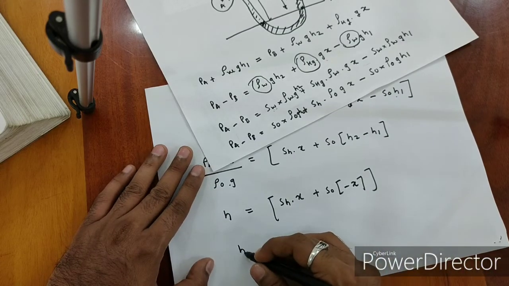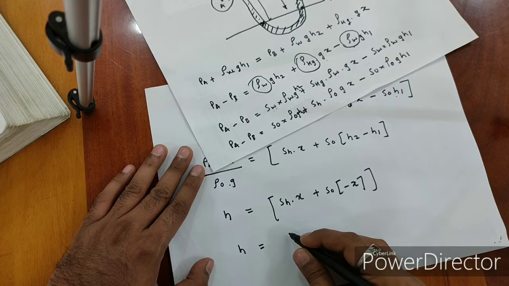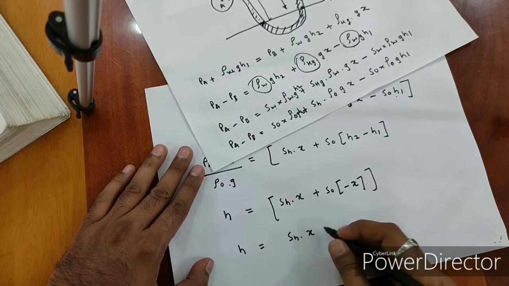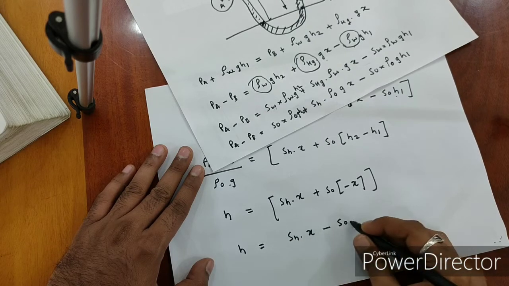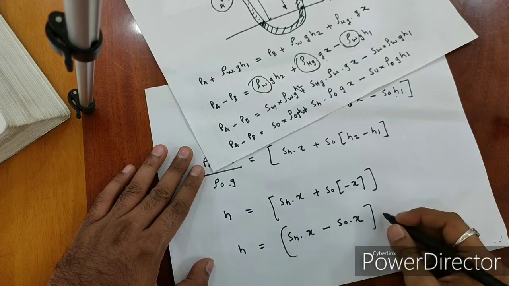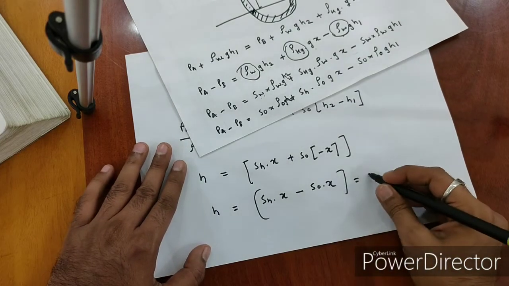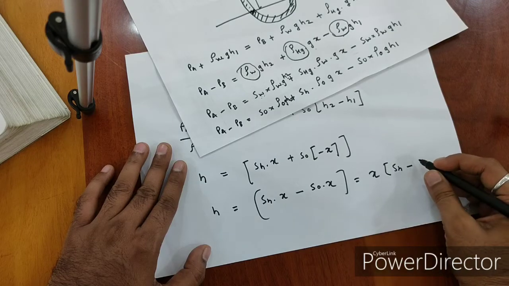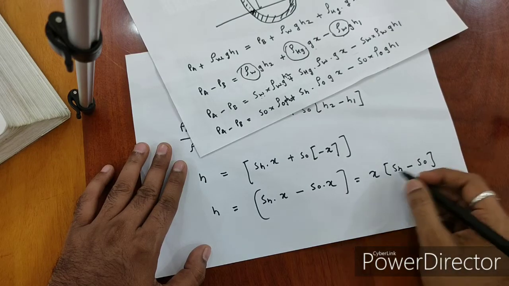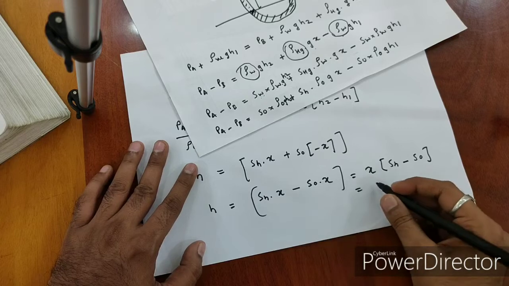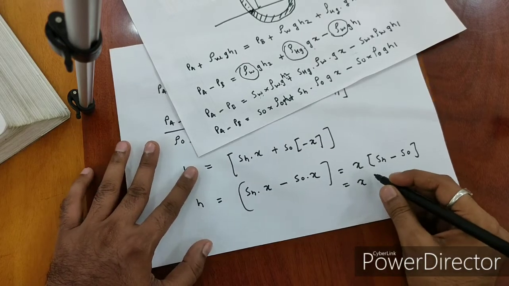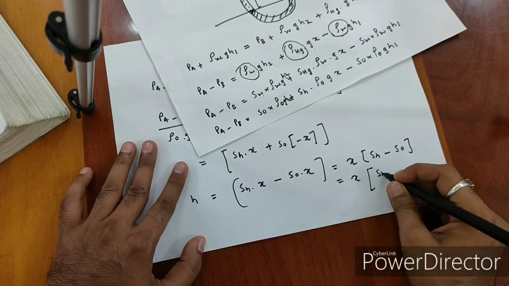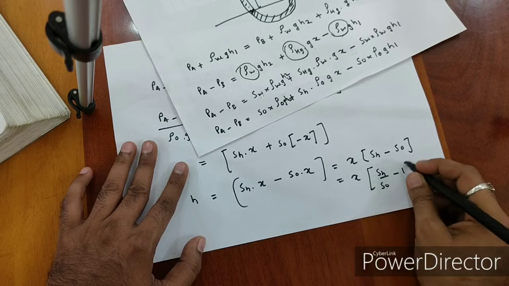So H equals SH x minus SO x. You can take x common: x (SH minus SO). Dividing by SO, H equals x (SH by SO minus 1).